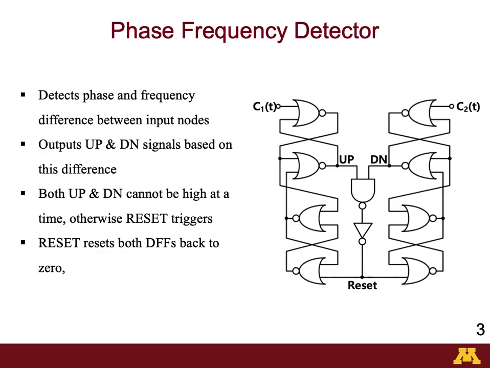These two D flip-flops are synchronized by the condition that both cannot output high simultaneously, meaning up and down cannot go high at a time. If, however, up and down go high at a time, the reset signal will be triggered, and both flip-flops will be reset instantly.